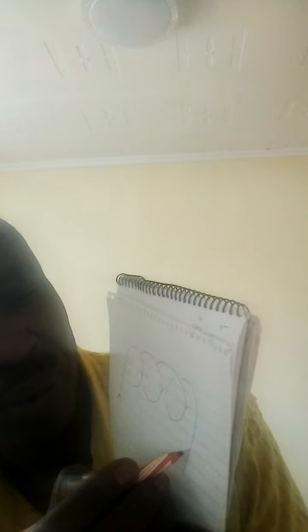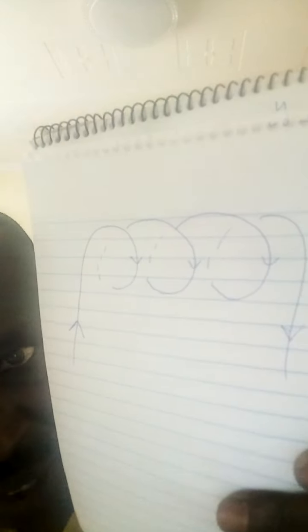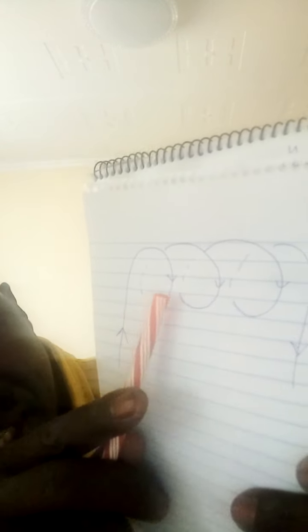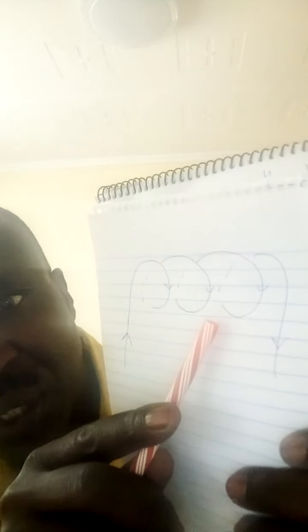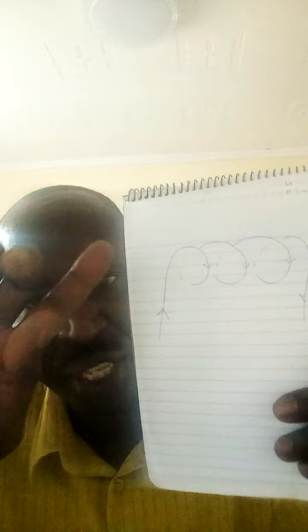If the current is going like that, you can see this is what we are talking about. These are the fingers, the way the coil curves, and then the thumb will point in the direction of north.